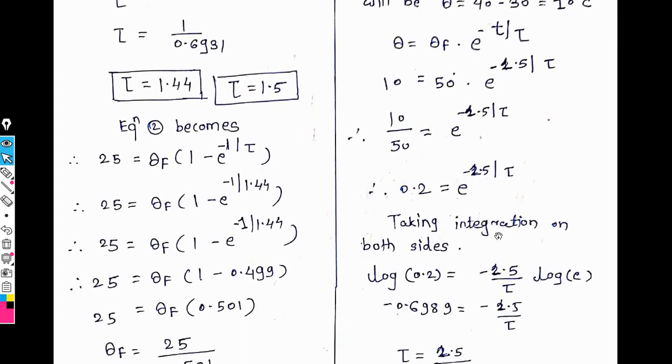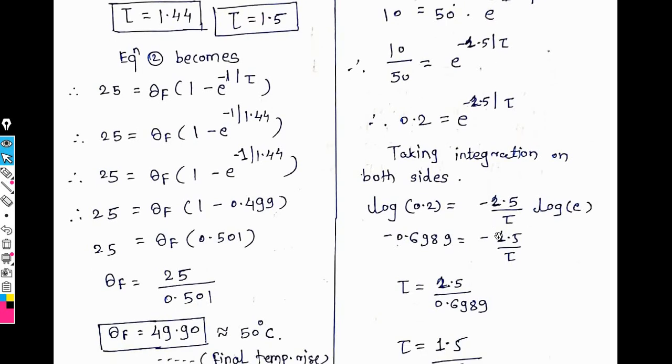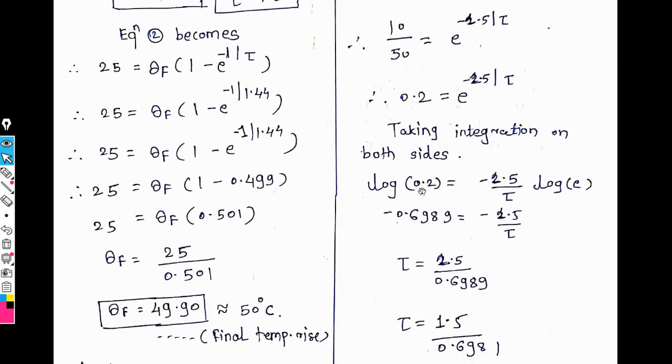Now taking the log on both sides, log of 0.2 is equal to minus 1.5 upon tau into log of e. Then minus 0.6989 is equal to minus 1.5 upon tau. The minus signs cancel.